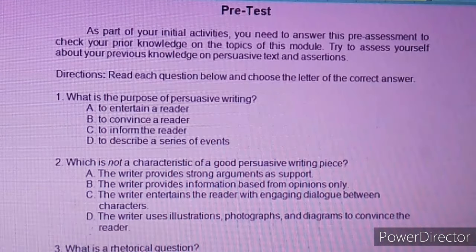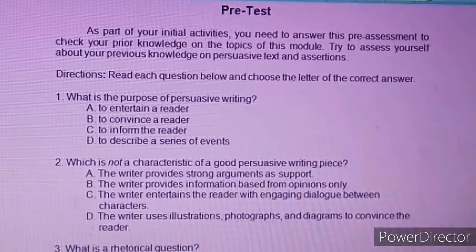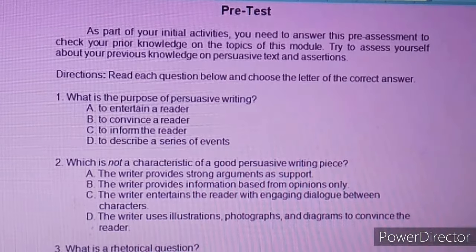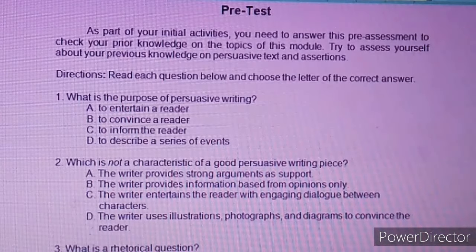Which is not a characteristic of a good persuasive writing piece? A. The writer provides strong arguments as support. B. The writer provides information based from opinions only. C. The writer entertains the reader with engaging dialogue between characters.